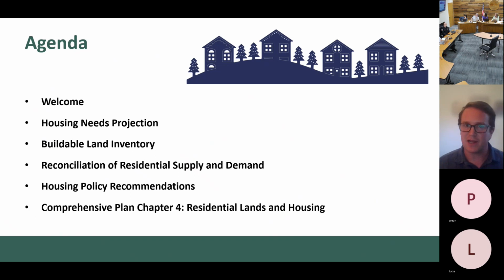Then reconciliation of residential supply and demand, where we'll look at that demand component versus the amount of land you have to accommodate it. Then a quick review of the housing policy recommendations we've made in this report, and a quick review of our Chapter 4 residential lands and housing statement.